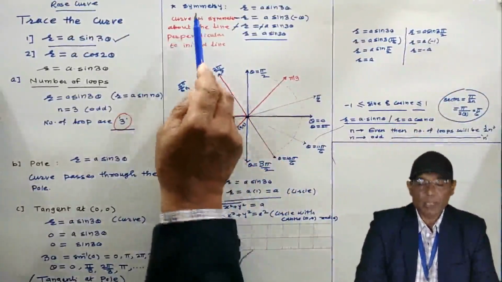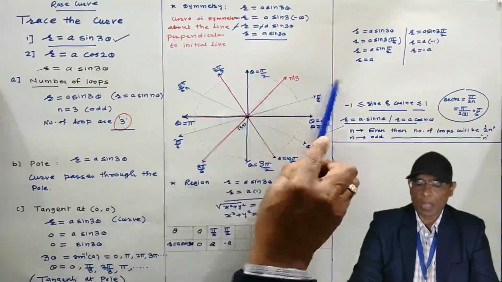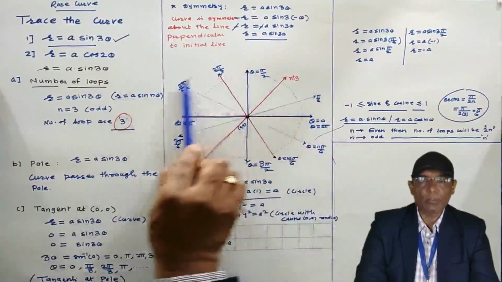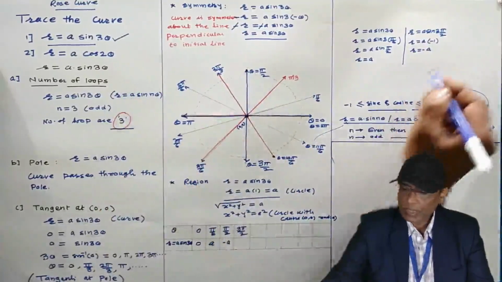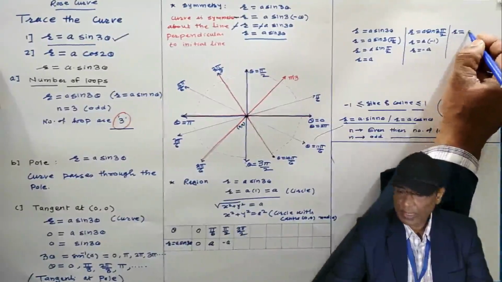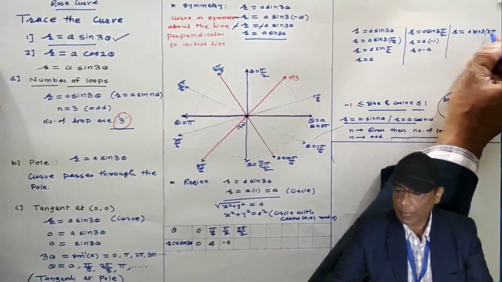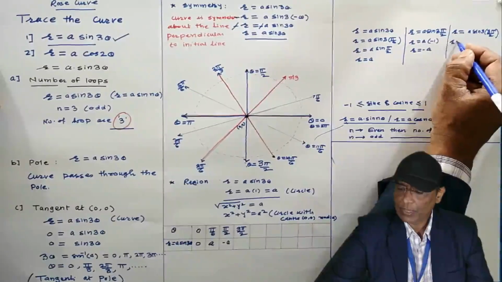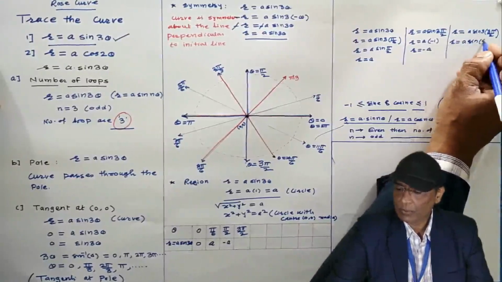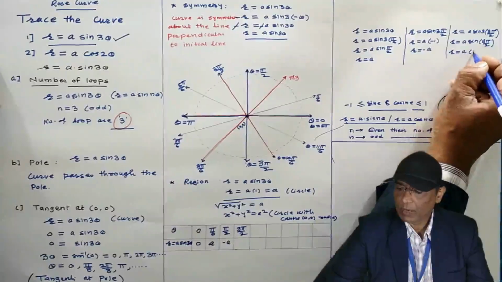Since the symmetry is being used, on the right hand side part of this I am going to trace. Therefore, left hand side values of theta I will not make use of. For theta equals 3 pi by 2, what will happen? r equals a sin 3 into 3 pi by 2, that is sin 9 pi by 2, and sin 9 pi by 2 is 1.